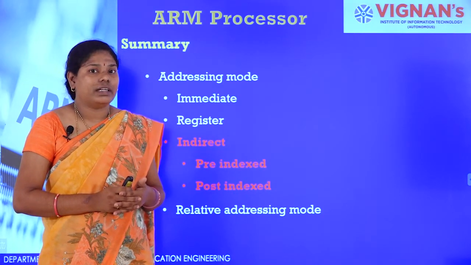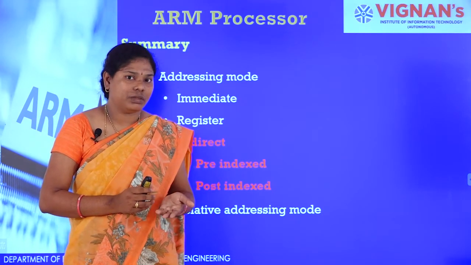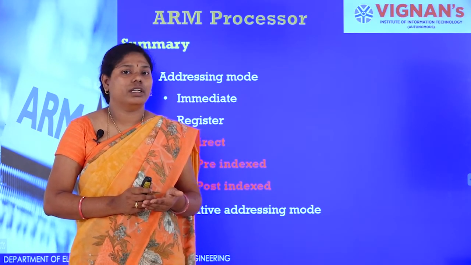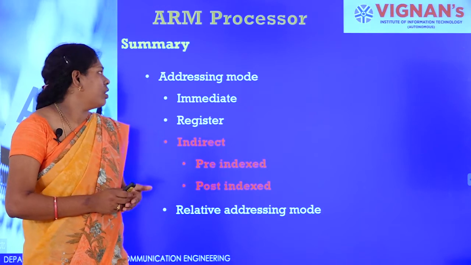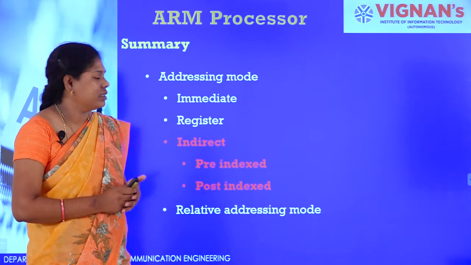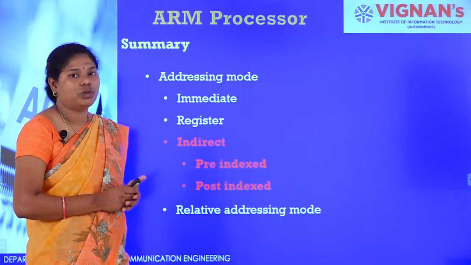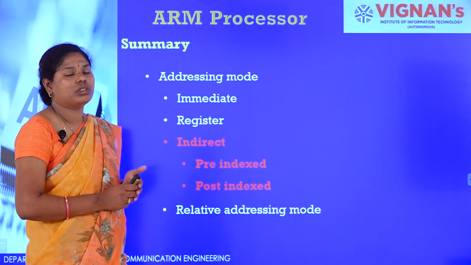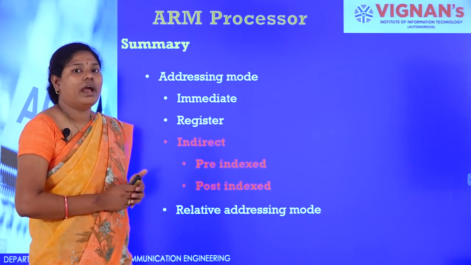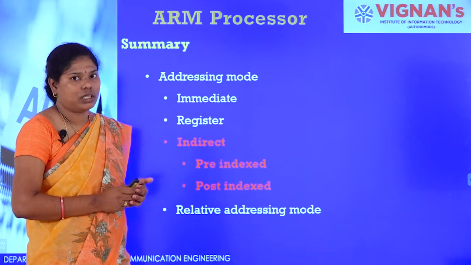If the data is available in the memory, then we go for indirect addressing mode. The first ones are immediate and register addressing modes. For these two addressing modes, the data is directly available and we are accessing it through the registers.